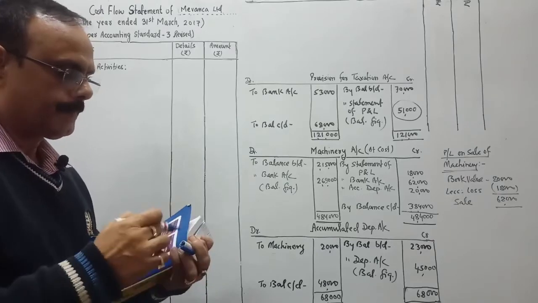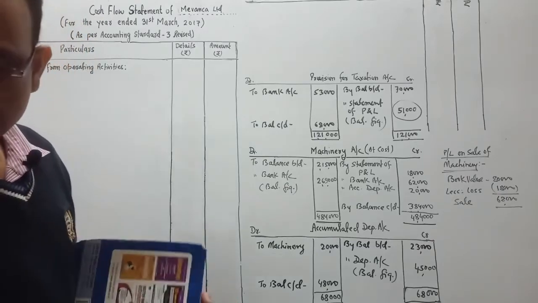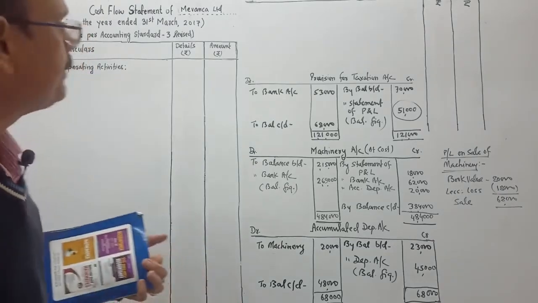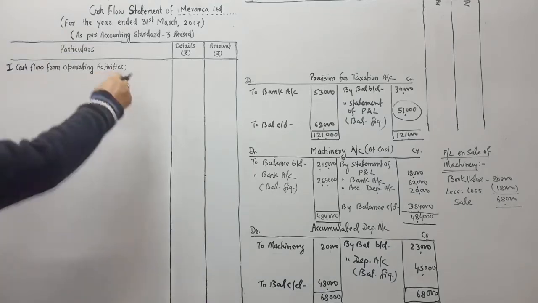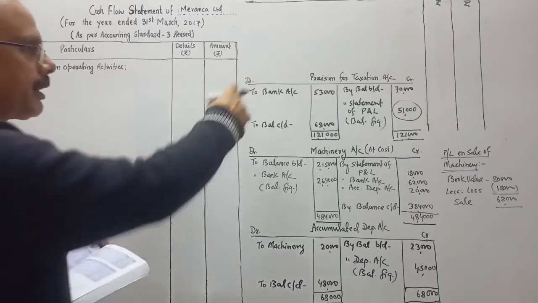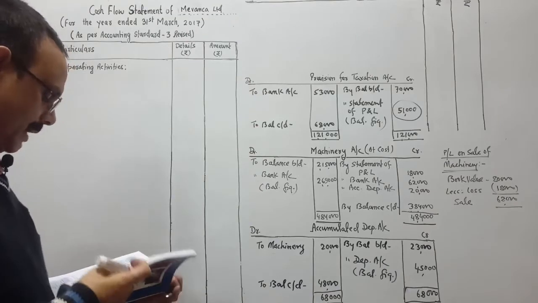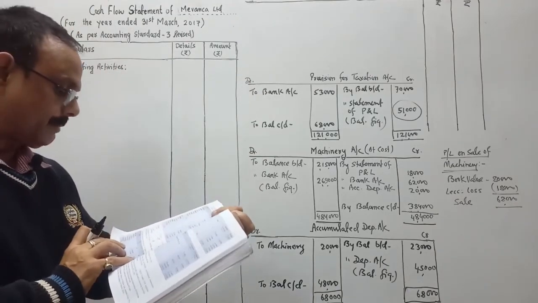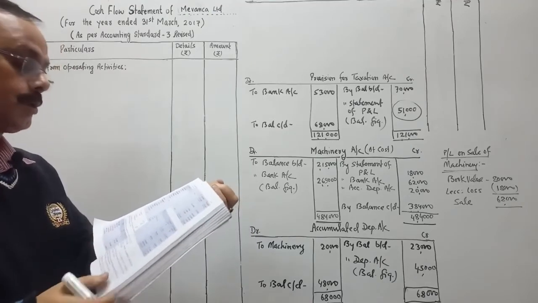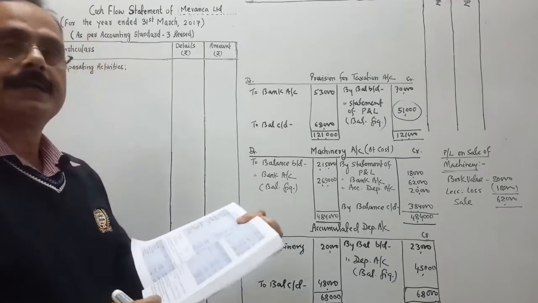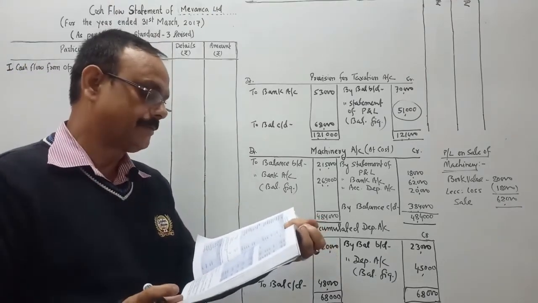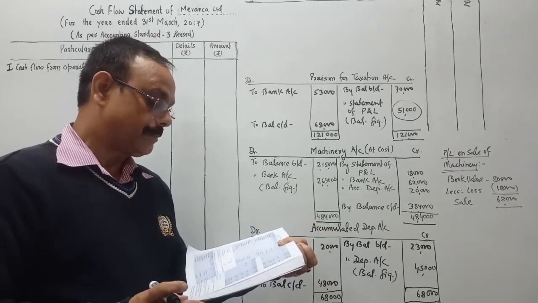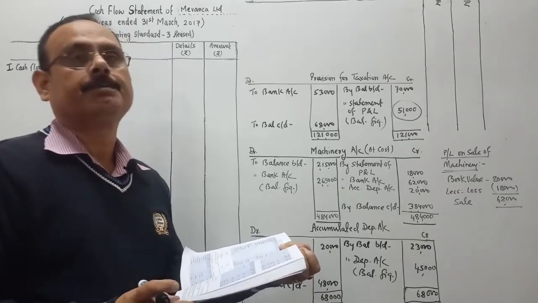Now come to the first one, cash flow from operating activities. These three workings are clear. Now coming to the cash flow from operating activities. Coming to the balance sheet, reserve and surplus, note number 1. In note number 1, the information is reserve and surplus, that is balance in statement of P&L.